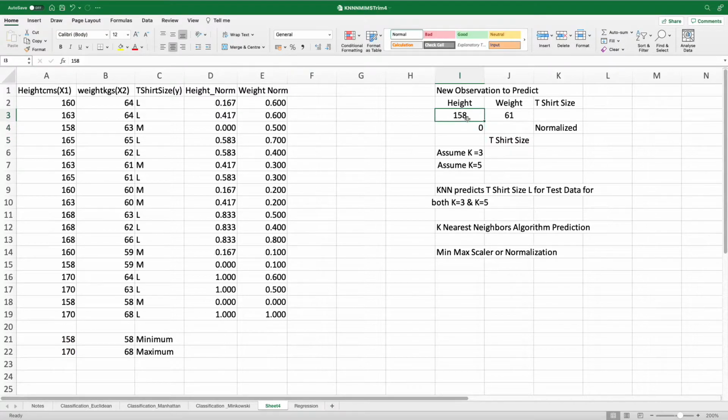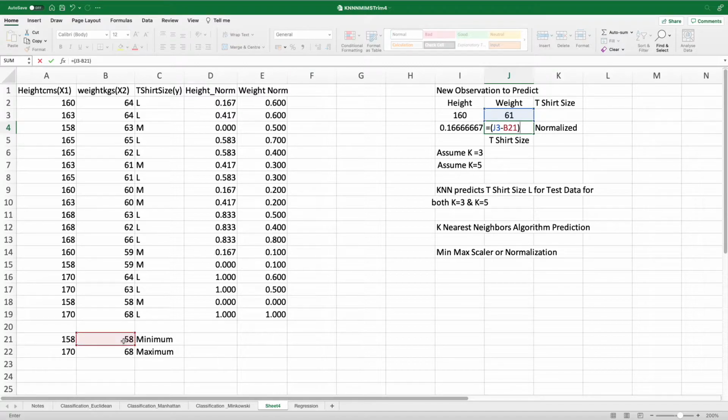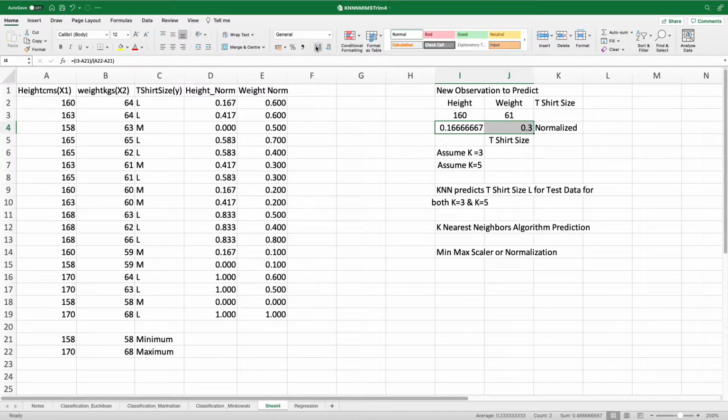So I will make height as 160 so that we don't get the 0. 61 minus minimum divided by 68 minus 58. So we got 0.3. We will make it 2 decimals.